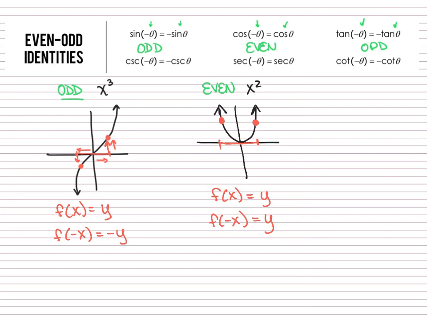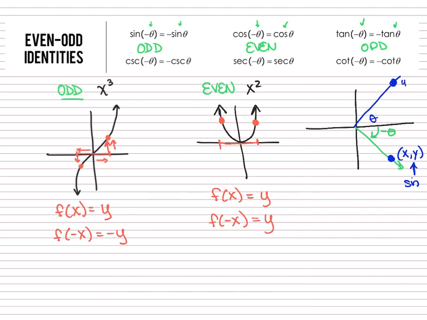If we were to look at it in terms of the unit circle, if we think about a negative angle here, this is our negative theta. The sine value is our y value. We've got x and we've got y, and sine is y. Well, the sine of the negative angle, the y value of the negative angle, is actually the opposite of the positive angle.